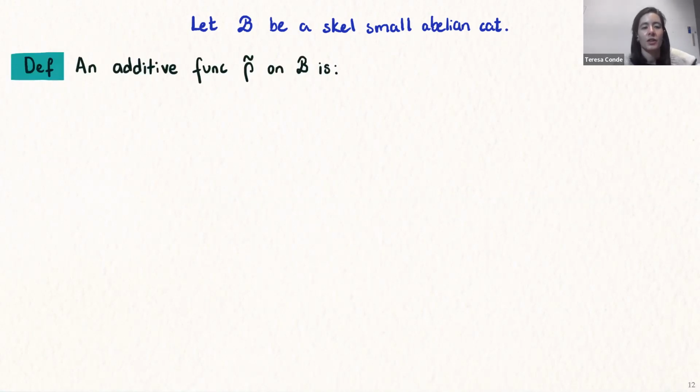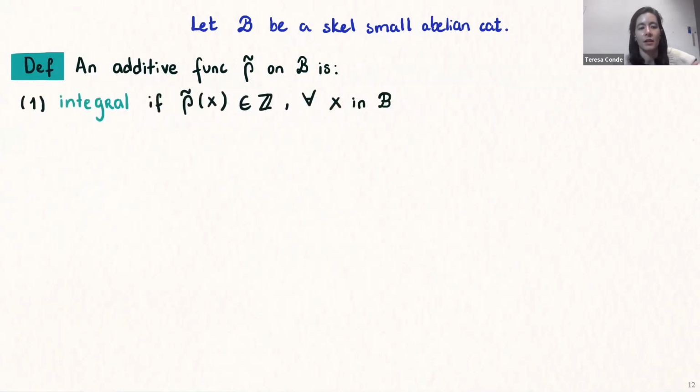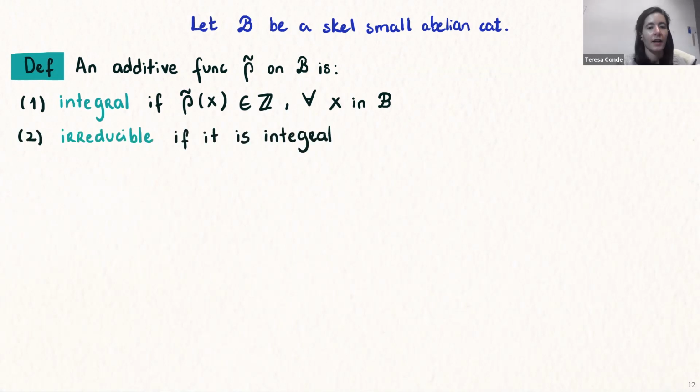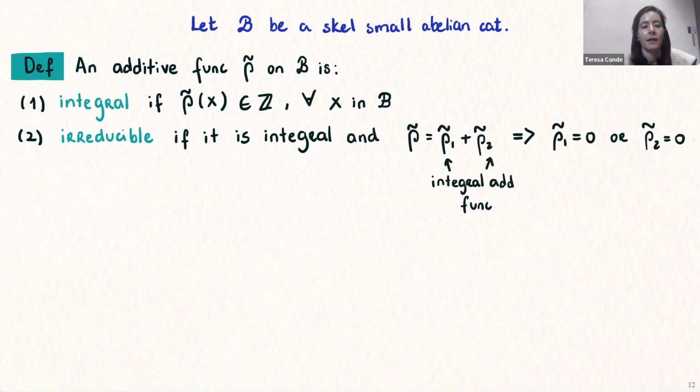Then we shall say that an additive function rho tilde on B is integral, well, if it takes integral values as expected, and we shall say that it is irreducible if it is integral, and moreover, if it is not possible to write this function as the sum of two other non-zero integral additive functions. So just the natural definition of irreducibility.